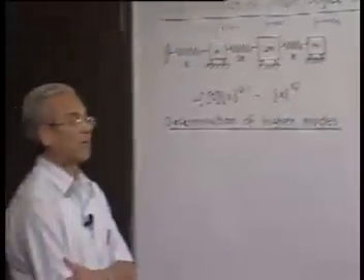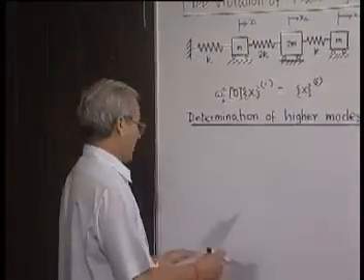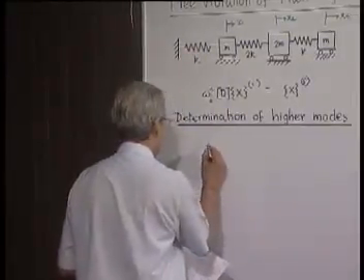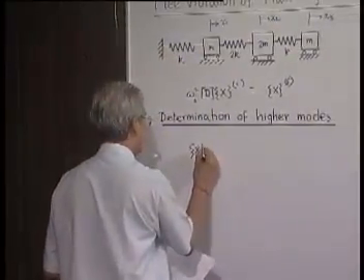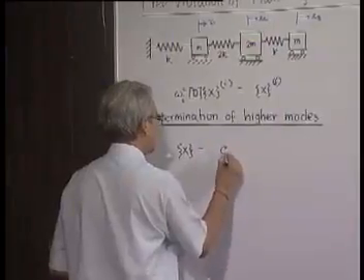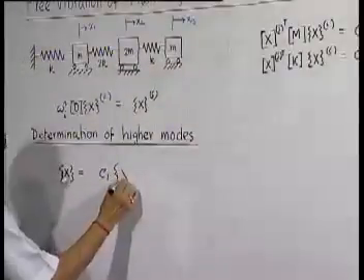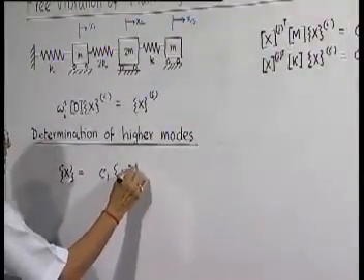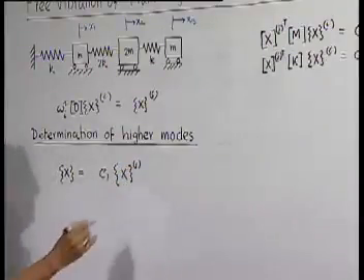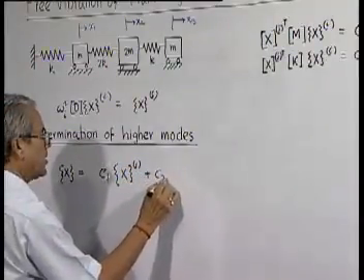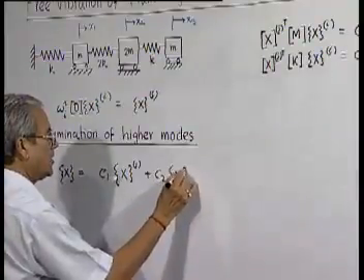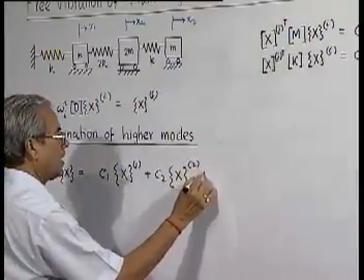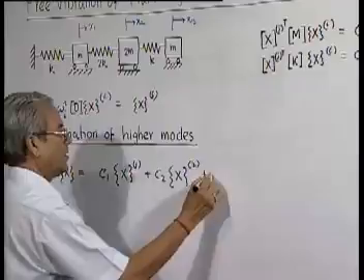This condition we have to keep in mind. Now, any mode we assume can be expressed as C1 into the first mode shape, as I have mentioned just now, C2 into the second mode shape, and so on.